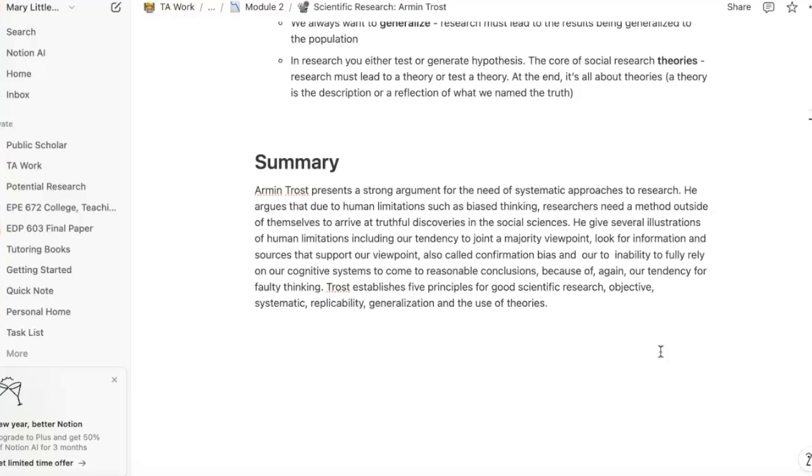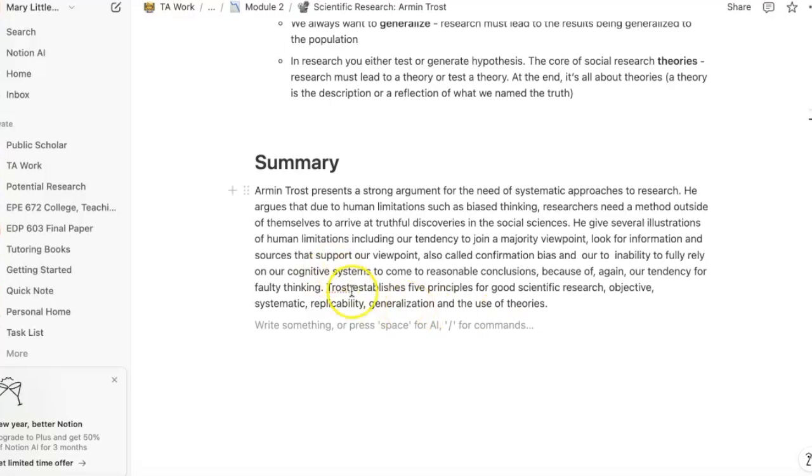He gives several illustrations of human limitations, including our tendency to, I think that's supposed to say join, I didn't edit this, join a majority viewpoint, look for information and sources that support our viewpoint, also called confirmation bias, and our inability to fully rely on our cognitive systems to come to reasonable conclusions because of, again, our tendency for faulty thinking. Trost establishes 5 principles for good scientific research: objective, systematic, replicability, generalization, and the use of theories.